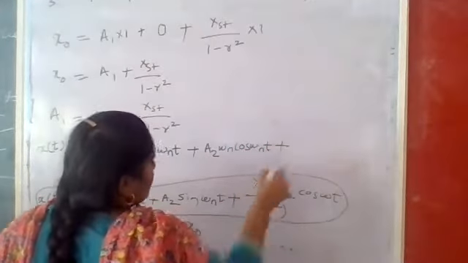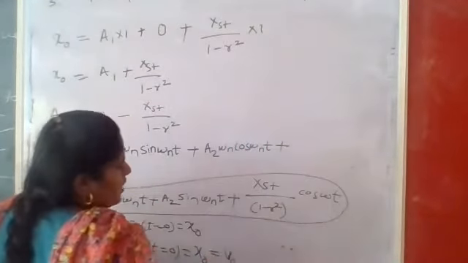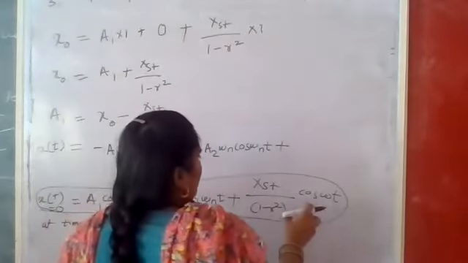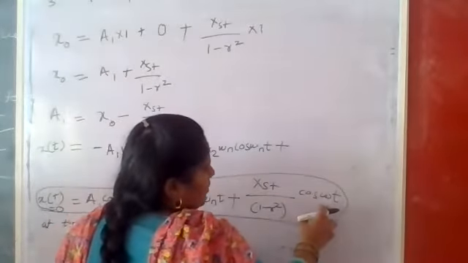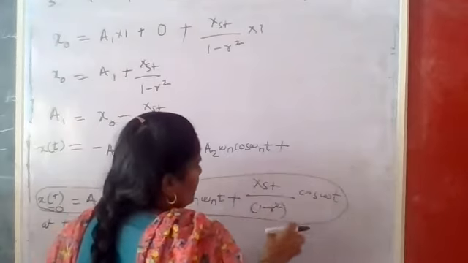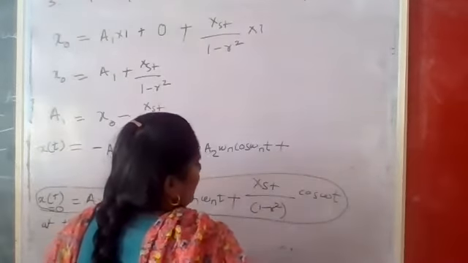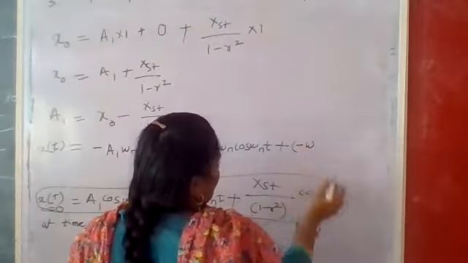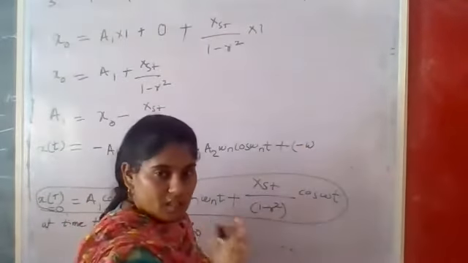Plus xst upon 1 minus r square, that is the constant term here. Only we have to take the derivative of this cos omega t with respect to t. काय येणार डेरिव्हेटिव्ह ऑफ cos? मायनस ओमेगा, that will be taken outside. ओमेगा काय या ठिकाणचं कॉन्स्टंट आहे.